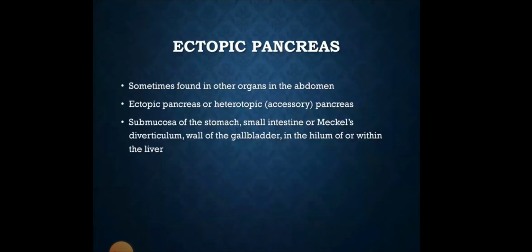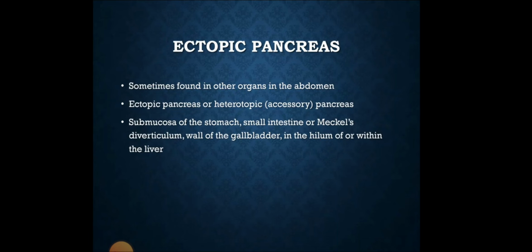The next condition coming under the congenital anomalies is ectopic pancreas. The term ectopic is not new to you. In ectopic pancreas, pancreatic tissue is sometimes found in other organs in the abdomen. So it is called ectopic pancreas, heterotopic pancreas, or accessory pancreas.